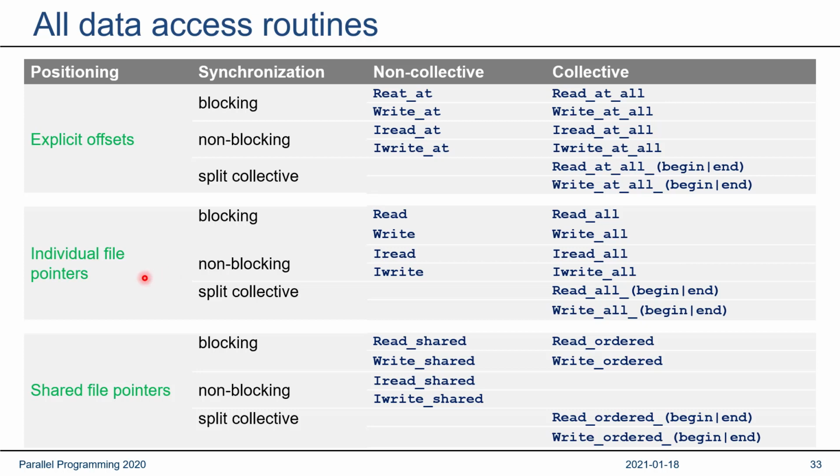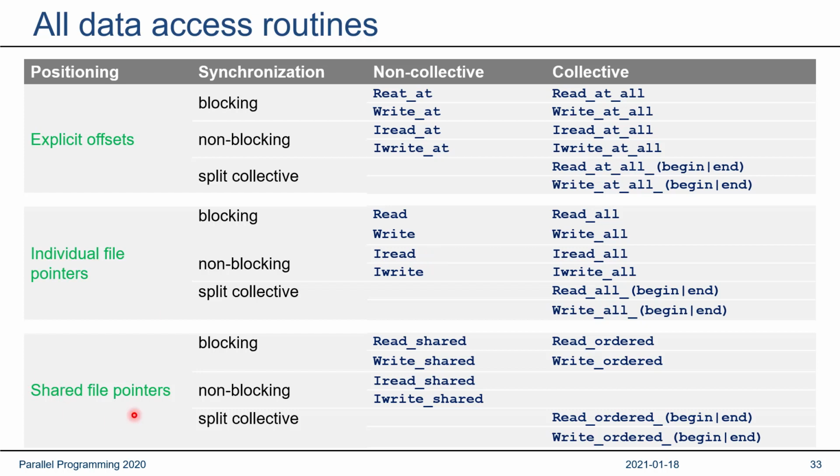If you want individual file pointers and non-blocking semantics, you would use an iRead or iWrite function for non-collective behavior, so individual, or with collective behavior, you would do iRead all and iWrite all. So the difference here would be that probably if you use the collective call, you actually want to do something from all MPI processes, then MPI has the opportunity to optimize the access. While with non-collective, there's less opportunity for internal optimizations on the side of MPI.